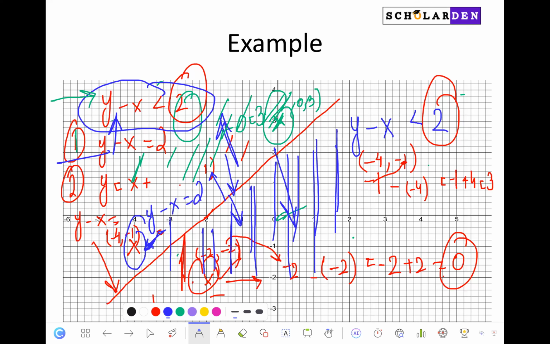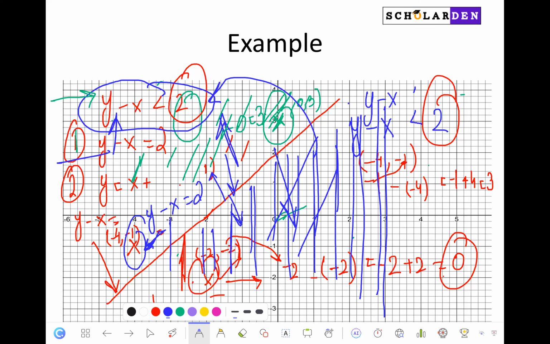So we can safely state that the entire collection of points that lie below this boundary satisfy the expression y minus x is less than 2. So the entire region below this line satisfies y minus x less than 2. Okay, so I hope this is clear.